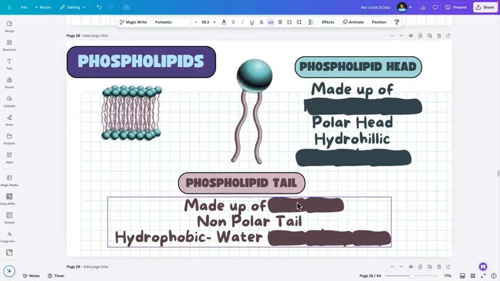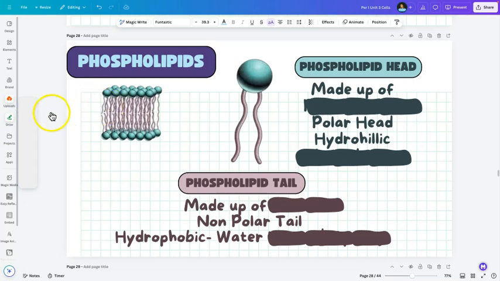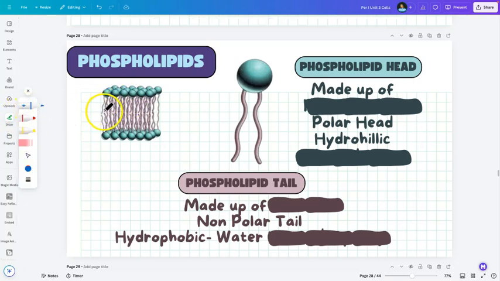Now, the phospholipid bilayer, if you look at it here, we could layer it. This is layer 1, right here. And this is layer 2. Let's do layer 2 in a different color. It doesn't matter what order you do it in, but you see layer 1, layer 2.